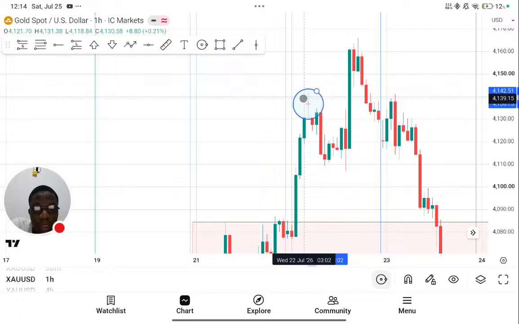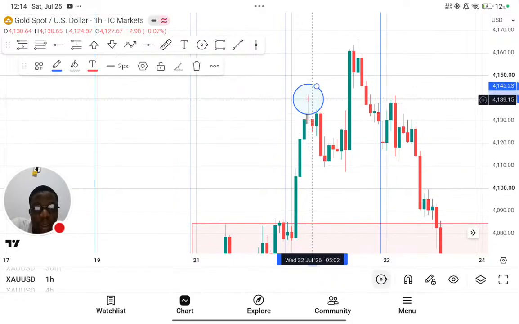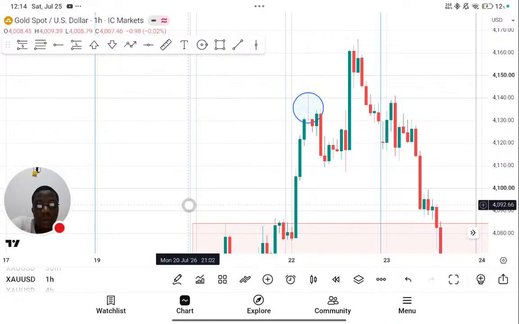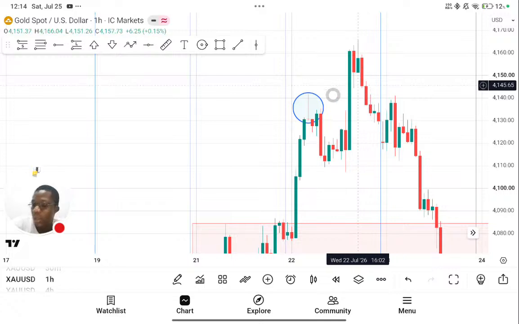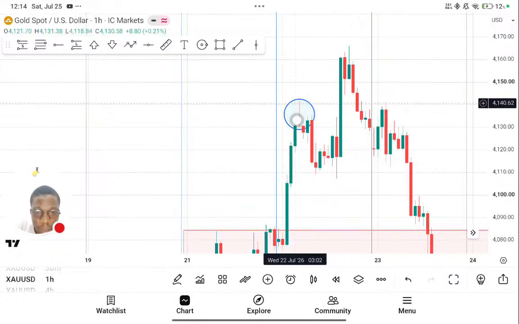Each candle you see is telling you a story about what is happening in the market. There are reversal patterns, there are continuation patterns, and there are neutral candle patterns. So it's a wide topic. This happening here, followed by this.